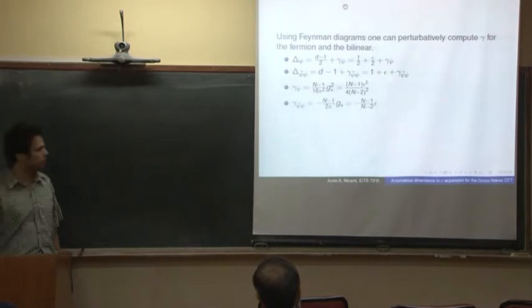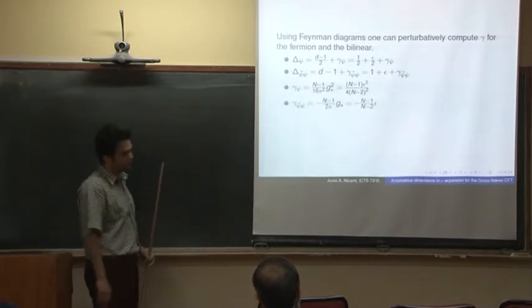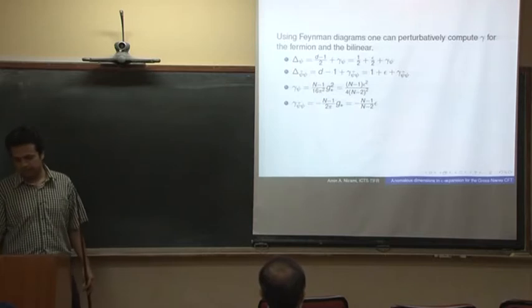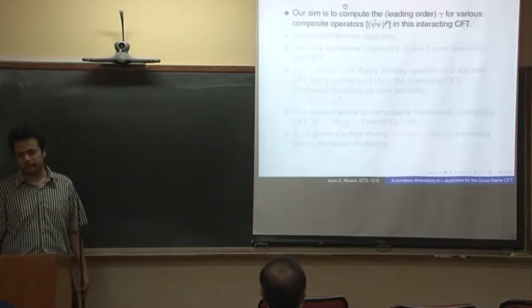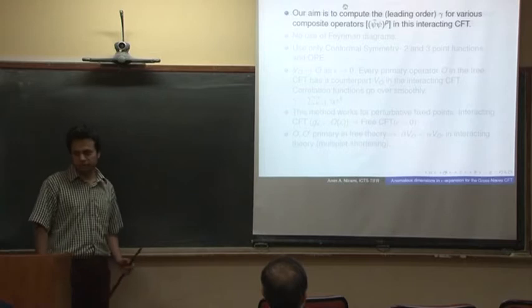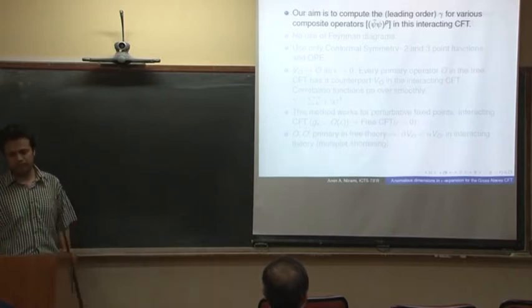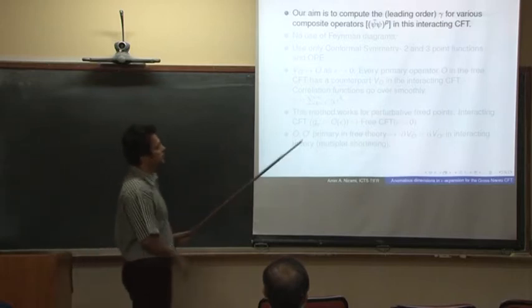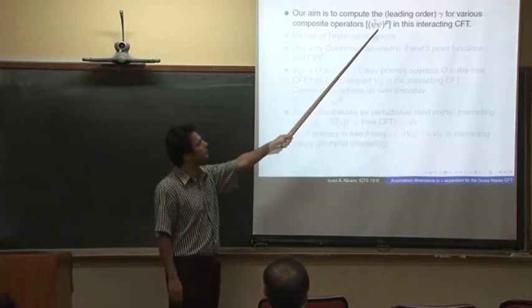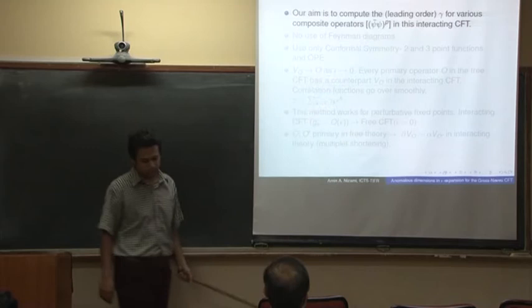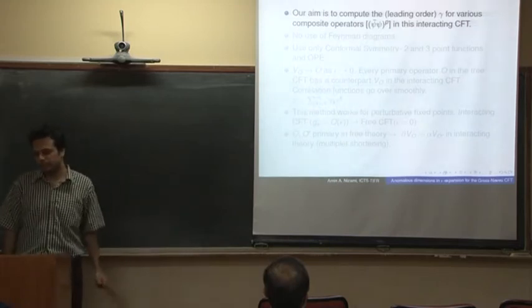So we will reproduce these results and also results for a whole class of composite primary operators. I will elaborate more in a while, but these will be operators which, in the free case, would look like the fermion bilinear to some power.